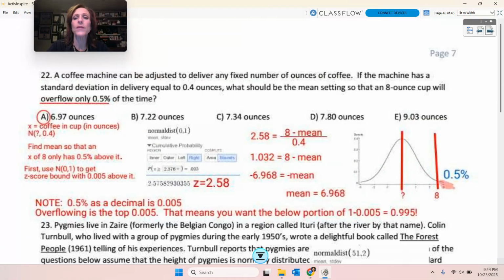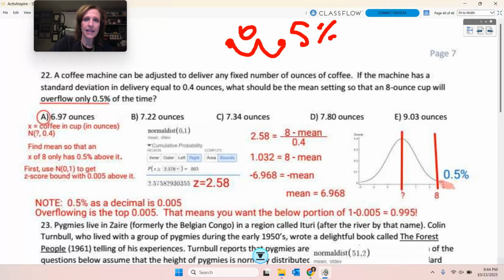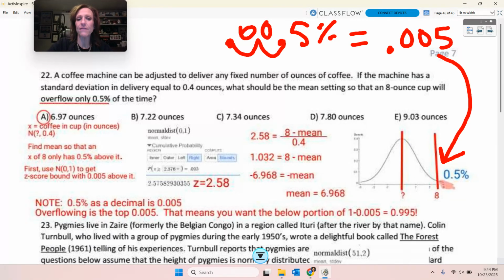Now, some students miss this one if they don't get the decimal correct. If it says 0.5% is the overflow, then when you move the decimal twice, it is 0.005. That 0.005 is the area up here, so I want to find the bound. What am I solving for?